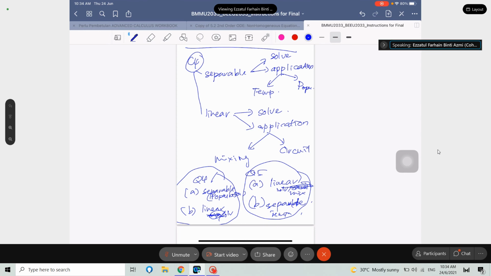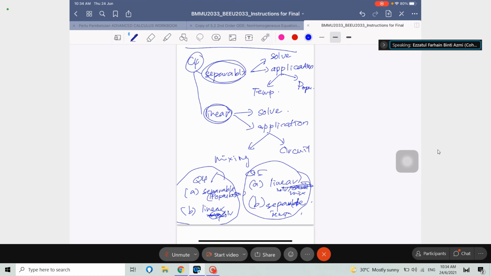Normally, in the final exam, they will give you the method they want you to use. For example, for linear they will say by using the integrating factor method. If they ask for the integrating factor method, it means they ask you to solve by linear equations. If they ask by using separable equation, it means you need to use separable. So normally the final will tell you what method to use.